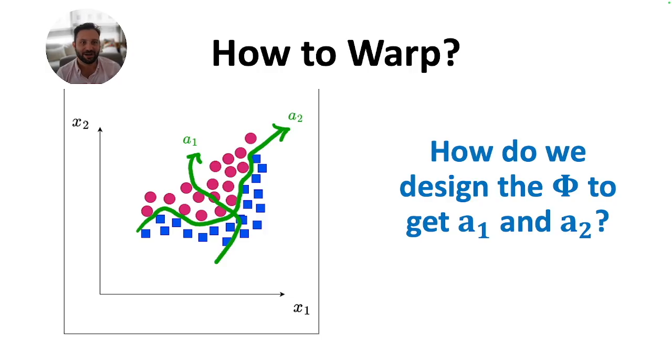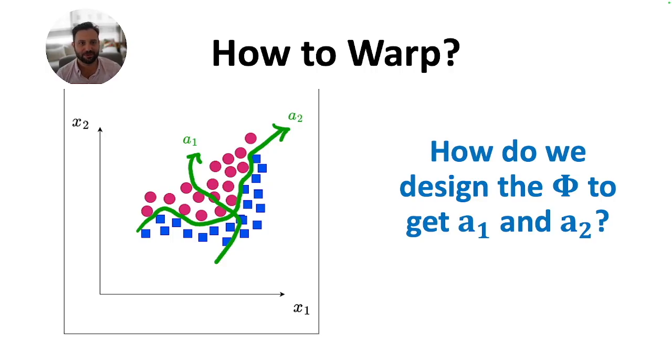How do we design the phi function that's going to give me the A1 and A2, like unwrap the space as I wish? The previous example was just so nice and neat, and it was able to get the R and theta that enabled me to classify linearly.